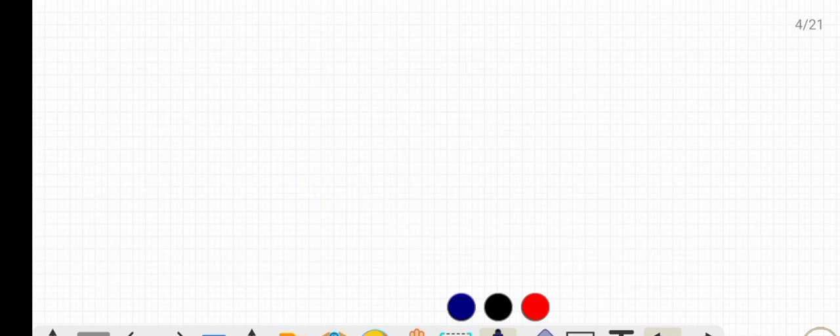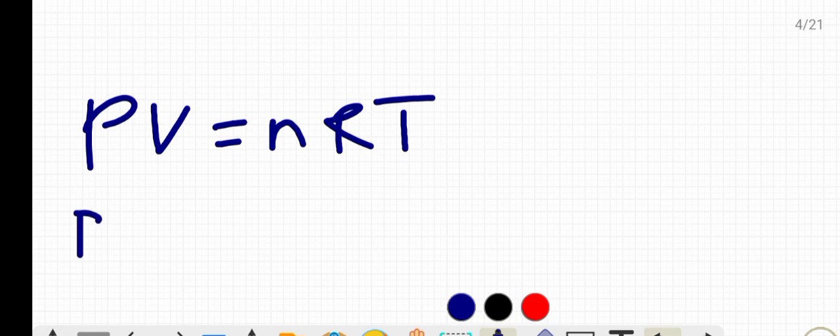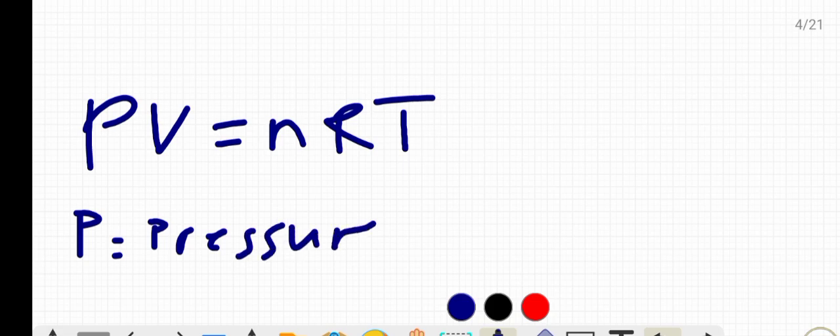So this is it. We are dealing with pressure multiplied by volume, equating it to number of moles, gas constant, and temperature. I want us to know that P is just the pressure of the gas. V is the volume of the gas.